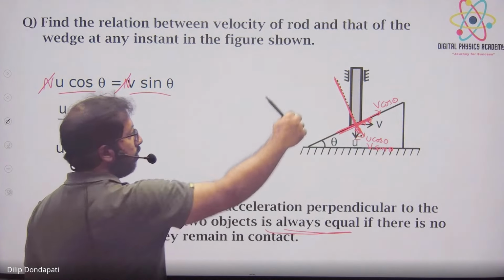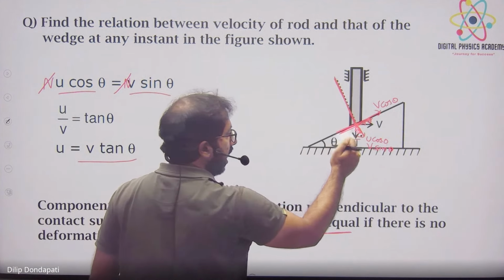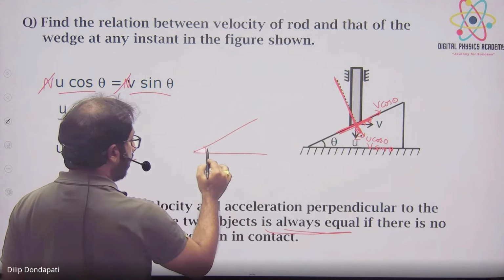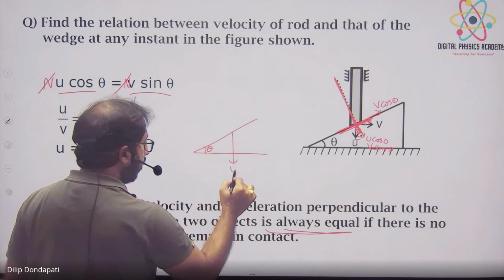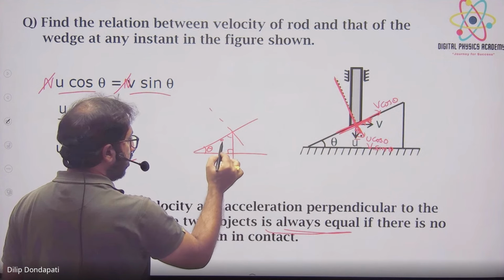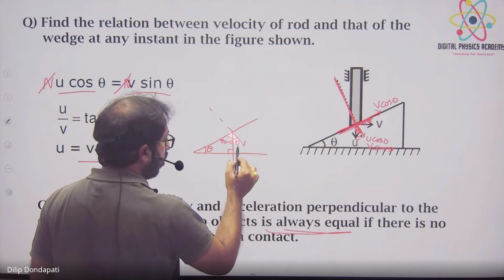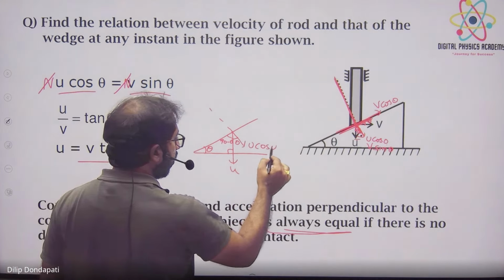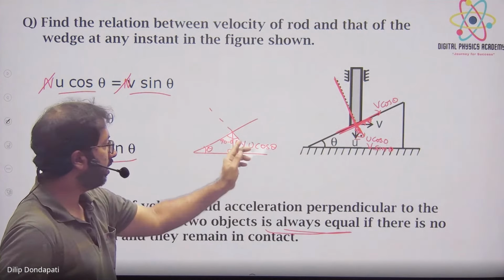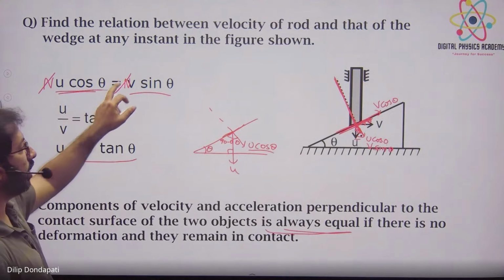For u, the perpendicular component: this is theta, this is 90 minus theta. So the component of u in this direction will be u cos theta, right? This is the component perpendicular to the surface, that's why we took u cos theta.